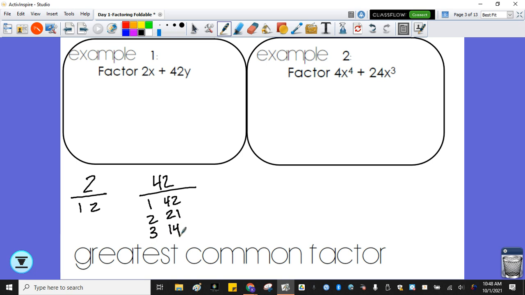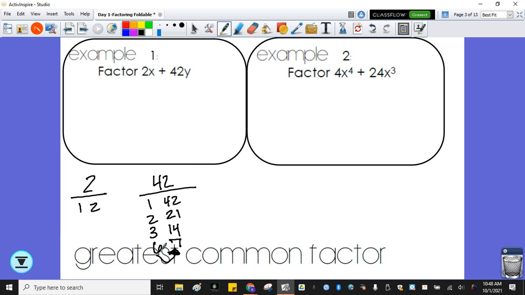Does 4? No. 5? No. 6? Yes, because 2 and 3 go into it. The next number I would check would be 7. So these are all my factors of 42. Once the list starts coming over here, you know these are all the factors of 42.